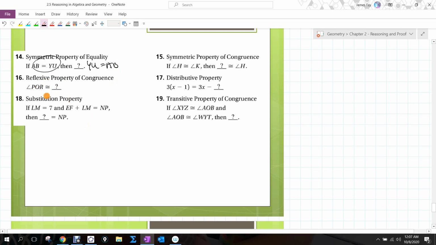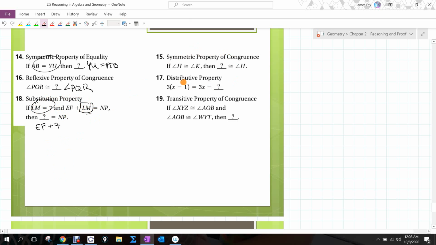So angle PQR, whatever that letter is, I think it's a Q, is congruent to angle PQR. Here it says substitution property. It says if LM is equal to 7, and EF plus LM equals NP, then I can say EF plus 7 equals NP. They've told me what LM is. Anywhere I see LM, I can replace it now with 7.